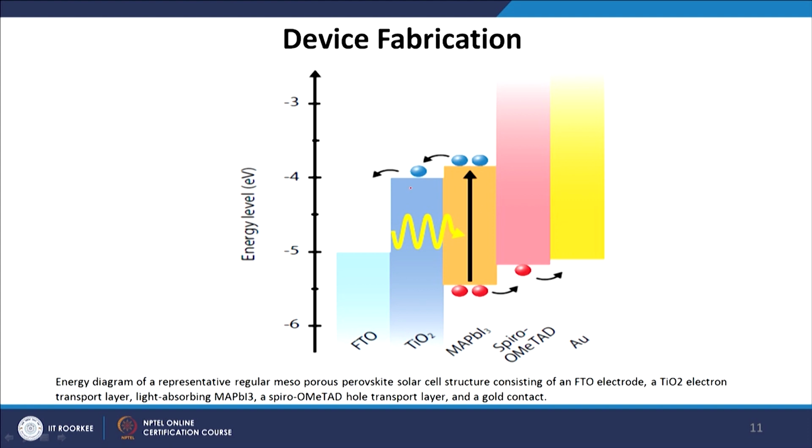Electron is injected to the TiO2 because its conduction band is lower than the LUMO energy level of the perovskite layer, and from there the electron is injected to the FTO and finally it goes to the outside circuit, whereas the hole which lives here goes to the spiro-OMeTAD, and from there it goes to the metal electrode. So, this way the circuit completes.